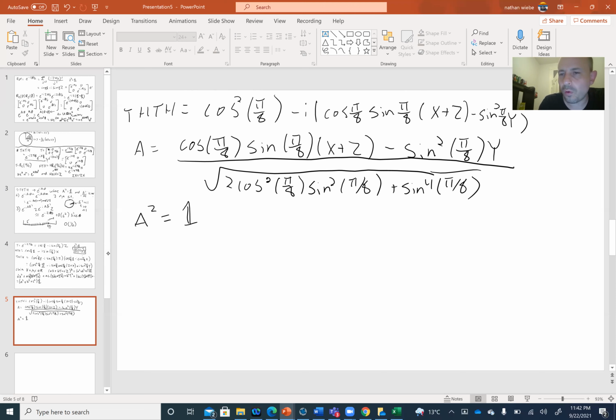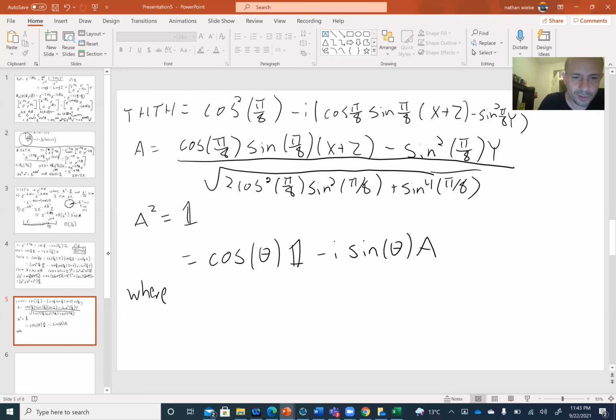Furthermore, this whole operation actually can be written in the form cosine theta identity minus i sine theta A, where theta is equal to the arc cosine of cosine squared of pi by 8.